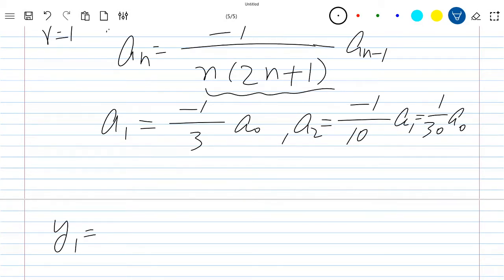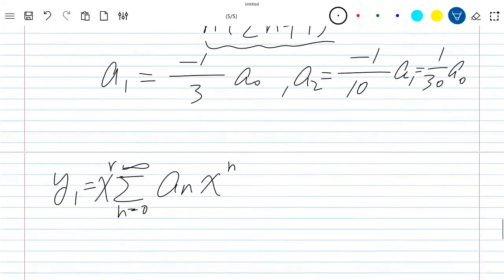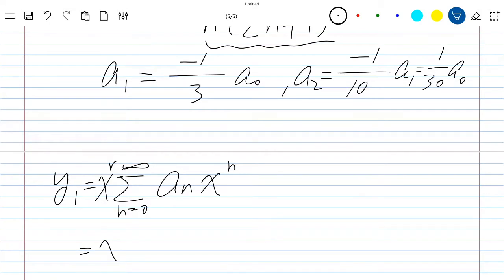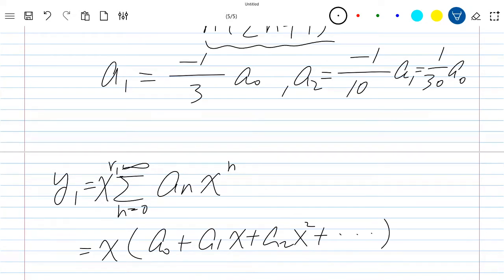So that means we can write down our first solution. y1 equals the sum of a and x to the n, but don't forget there's x to the r in front. In this case it's r1, so it's x because r equals 1. Then let me write them down one by one. The first one is a0, then a1x, a2x squared, right?